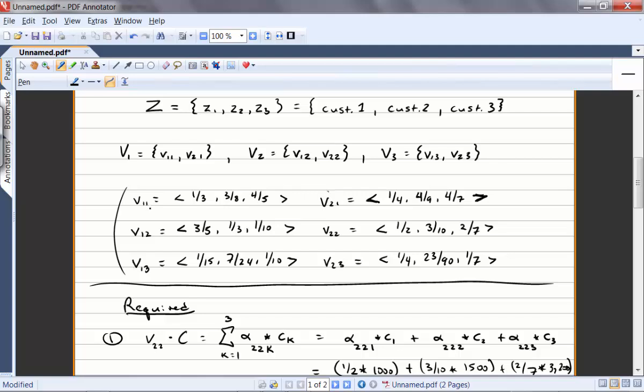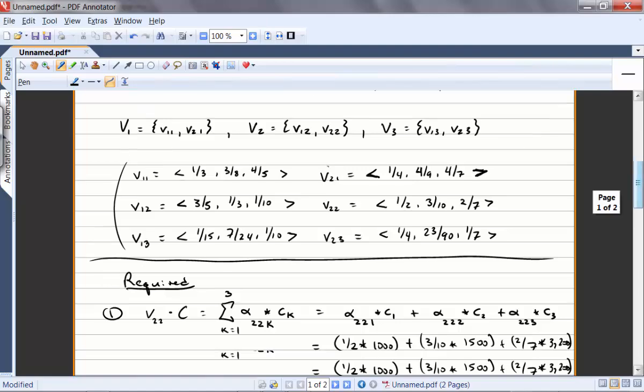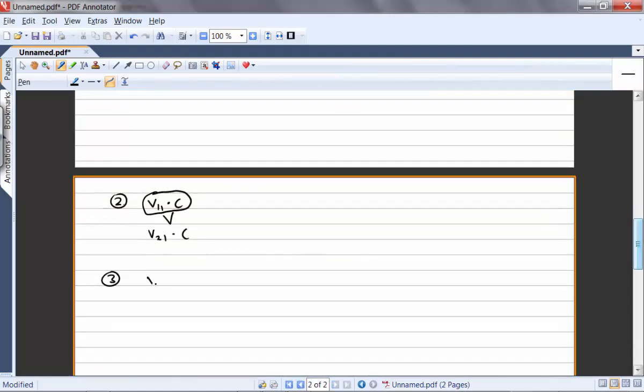We're going to calculate V11.C, V12.C, V13.C, and see under weighting scheme 1, which customer is the most costly to serve? Customer 1, customer 2, or customer 3? If you calculate these, you're going to find this holds. So in order of decreasing costliness, this is the first most costly, this is the second most costly, customer 2, and this is the third most costly. That's what you'll find.